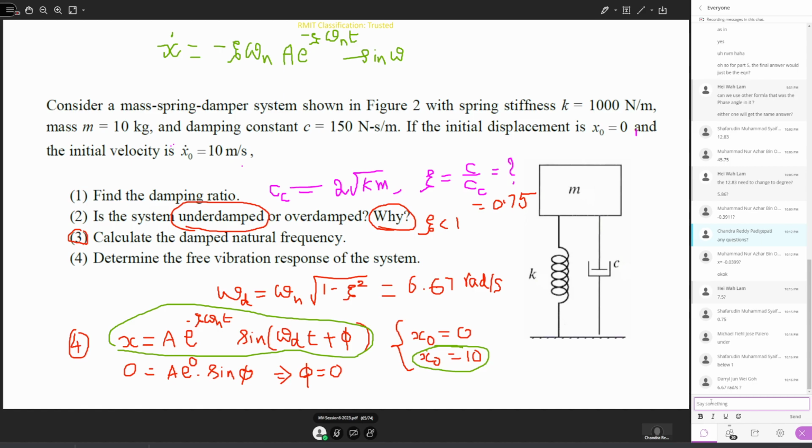We have to do the differentiation product rule here. So plus A omega d exponential power minus eta omega n t, cosine omega d t.